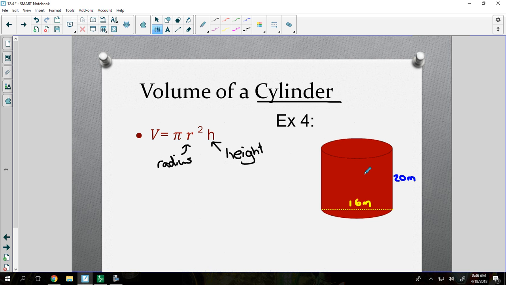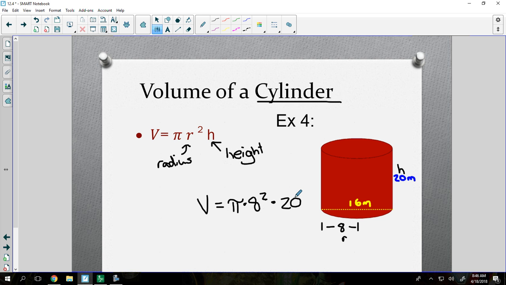And then example 4, that would be our height. The 16, since it's all the way across, would be our diameter, so half of that, 8, would be our radius. So then we would type out, or write it first, pi times radius squared, which is 8 squared, times the height, which is 20.